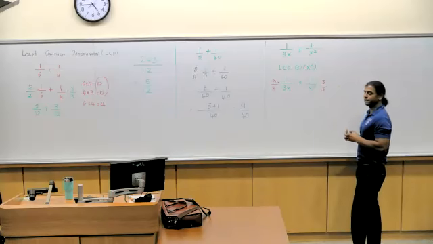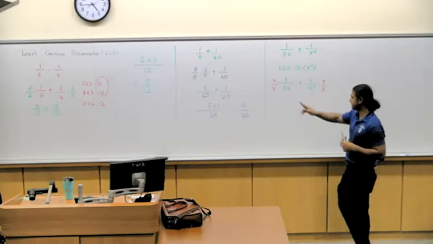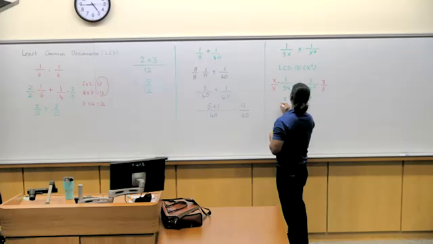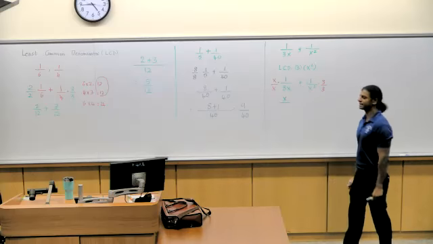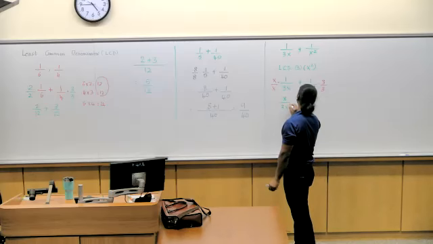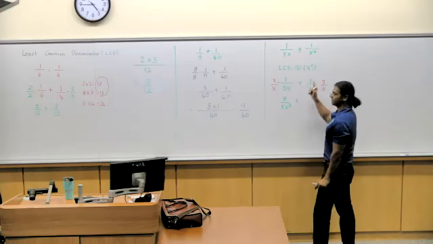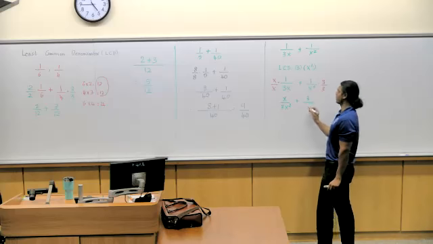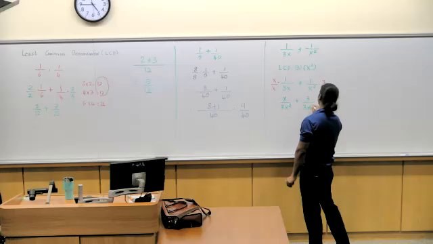Now we can multiply the numerator to numerator, denominator to denominator. X times 1 is x. 3x times x, 3x squared. 3 times 1, 3. 3 times x squared, 3x squared.